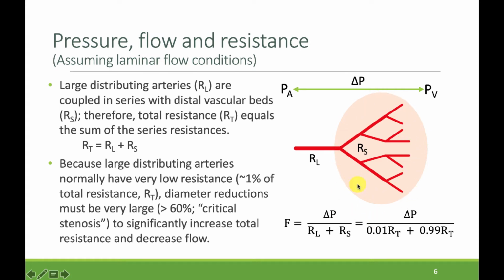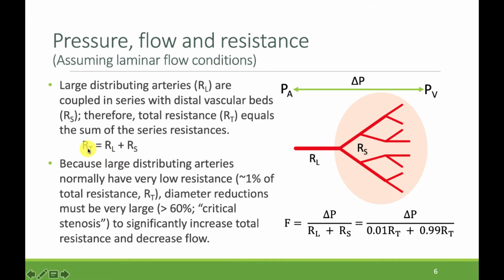So we really have two separate resistance elements. We have the resistance of the feed artery, the distributing artery, and we have the resistance of all the microcirculatory vessels that comprise the vascular bed that is being perfused by that distributing artery.